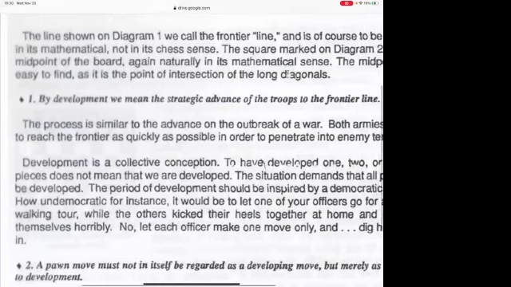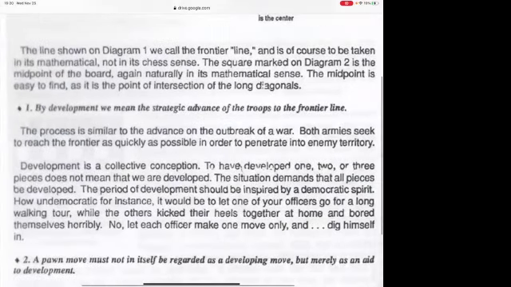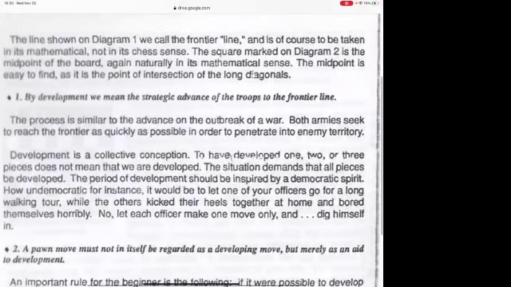Okay. So development is a collective conception. To have developed one, two, or three pieces does not mean that we are developed. The situation demands that all pieces be developed. The period of development should be inspired by a democratic spirit.